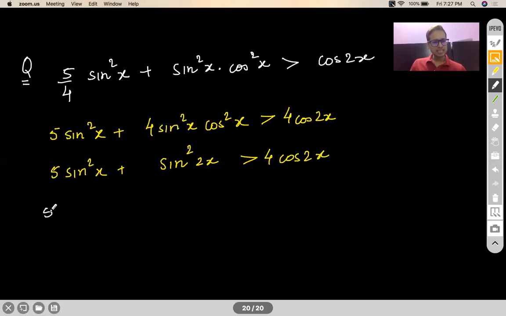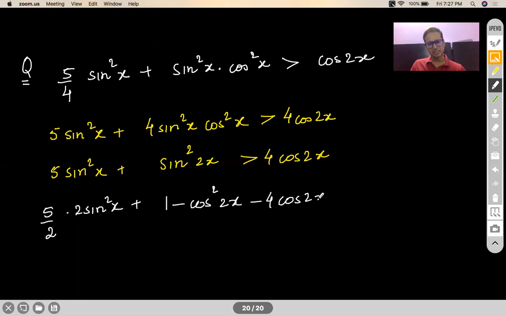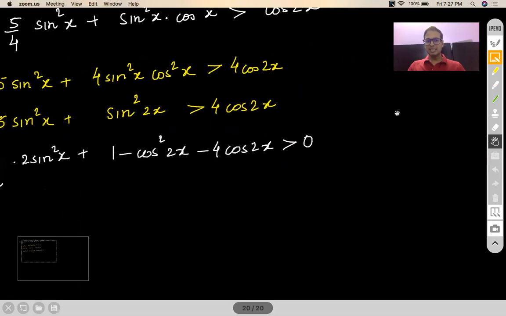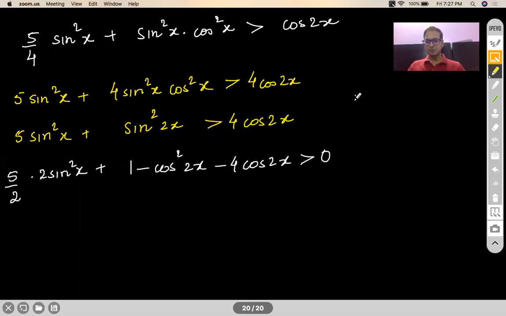So this we can write as 5 by 2 into 2 sine square x. Sine square 2x is 1 minus cos square 2x, and this is already in terms of cos 2x. So let me bring it to one side. From your multiple angle identities, you know that 2 sine square x is 1 minus cos 2x.